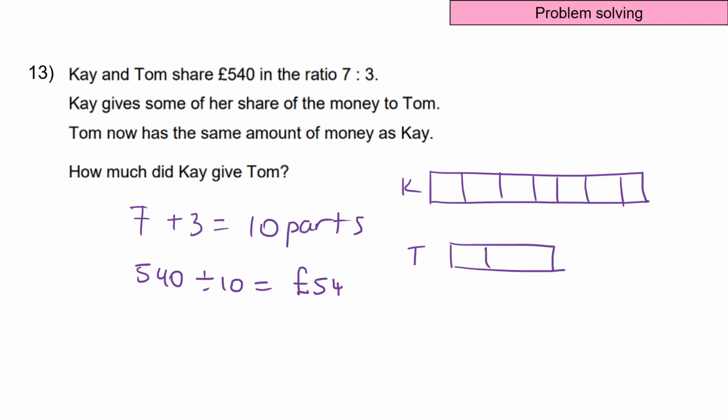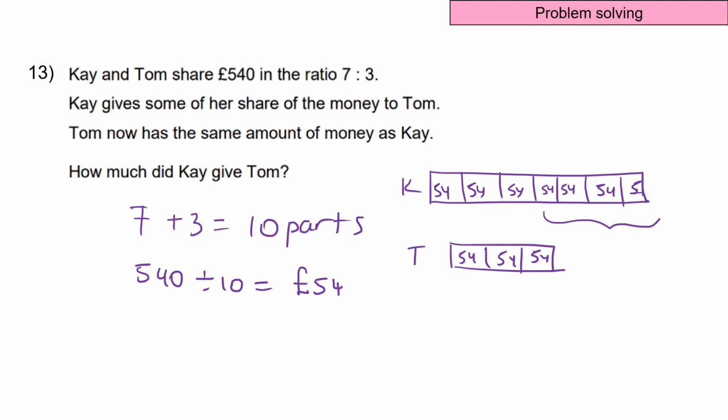So the extra section K has is the 4 parts of 54. Each of these is 54, by the way, we found it to be 54. So the 4 lots of 54 will be divided between them so that they have the same amount. So extra is 4 boxes, 54, 54, 54, 54.